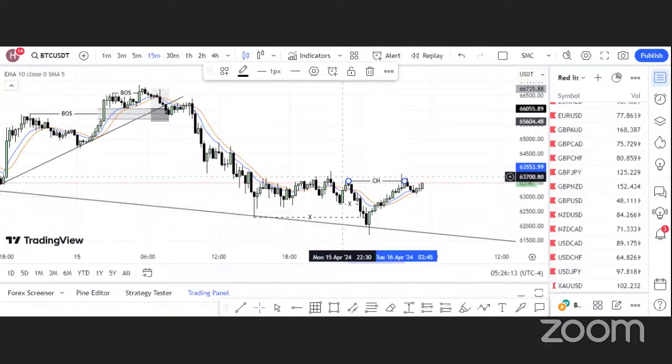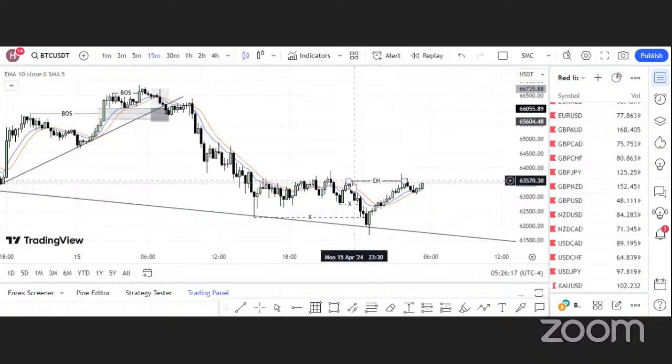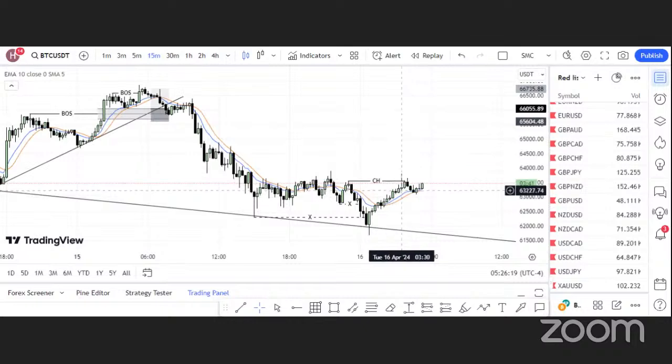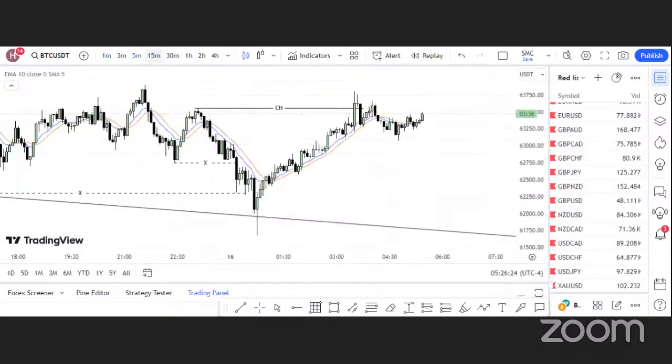Instead, the market broke the recent high. When such happens, it's a sign that the market is about to reverse. So now let's see if we can get a reversal point from these areas.